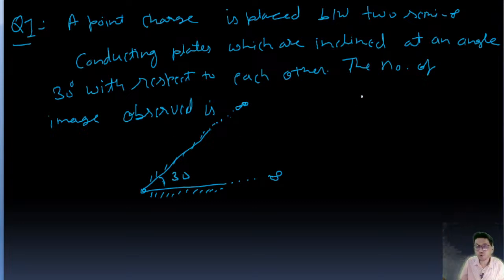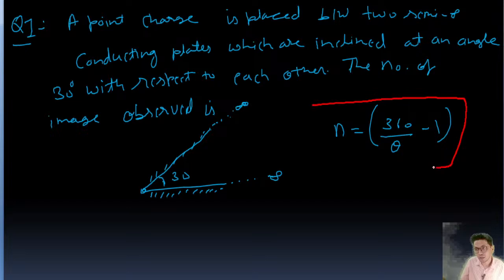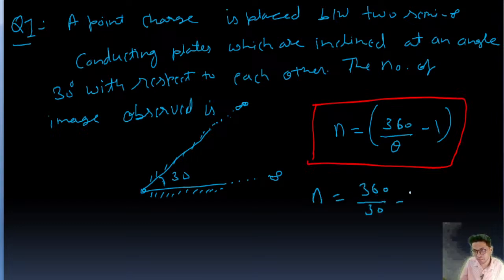There is a formula, guys, you need to note down, a very important formula. The number of images is n = 360 upon theta minus 1. Note it down and memorize it, guys. Practice questions using this formula, then it is going to be at your fingertips. So n = 360 upon 30 minus 1.